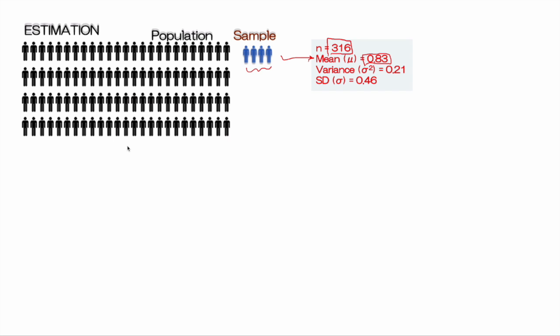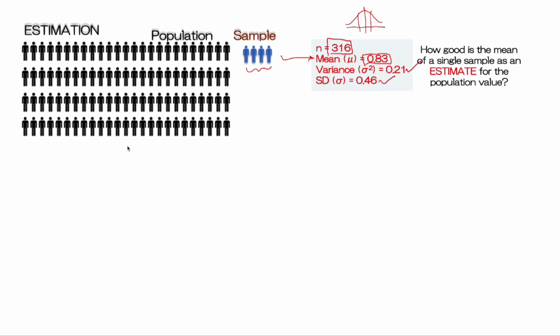Every data point here is from the sample. Based on the mean, we can also calculate the variance and standard deviation, based on the assumption of the normal distribution, the mean and the standard deviation. You can review those from the previous lectures. The question is, what can we infer or conclude about the same value in the population?